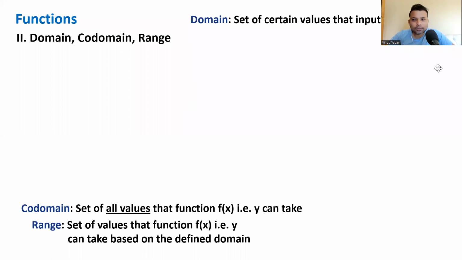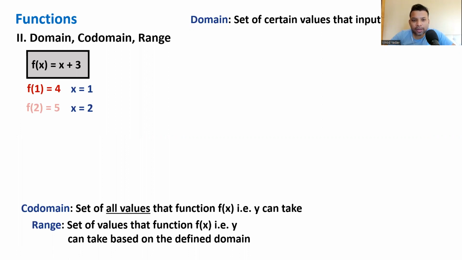Let's recap domain, codomain, and range. Let's take this simple example, y equals x plus 3. So whatever values you choose for x, the set of certain values that input x can take, certain values meaning acceptable values. So if x is 1, y is 4; x is 2, y is 5; x is 3, y is 6.